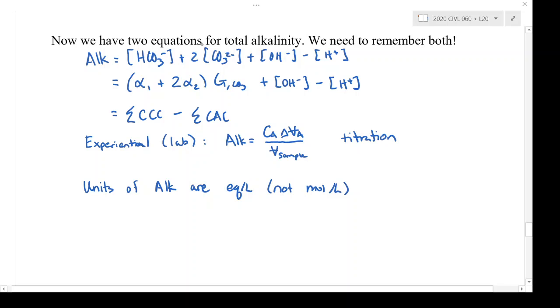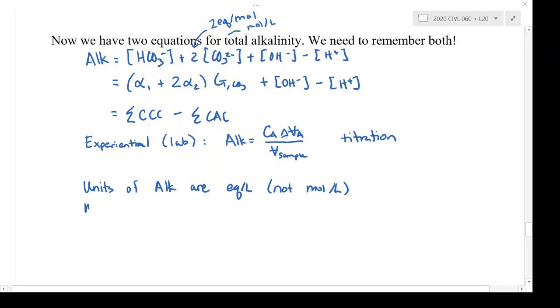So when we have 2 up here, it's telling us that it's 2 equivalents per mole, and then the concentrations in brackets are in units of moles per liter. So I kind of refer to that as the invisible conversion factor. And what it means is that the alkalinity units are equivalents per liter.